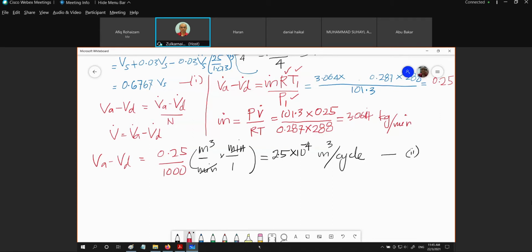Then we proceed with equation 1 equal to 2. Right? So what we have right here, what is Vs? 0.6767 Vs is equal to 2.5 times 10 to the power of -4.